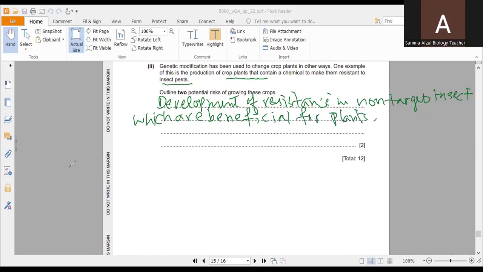So on the other hand, they cannot be beneficial and will not help the plant.